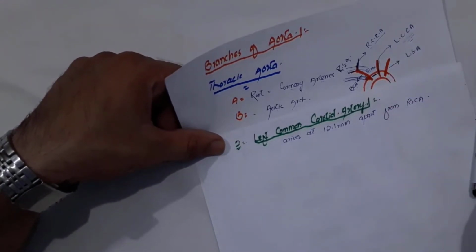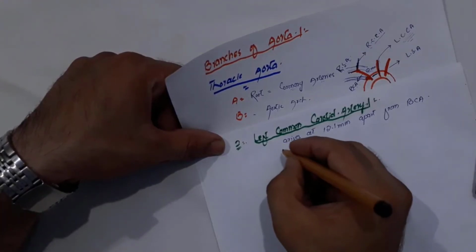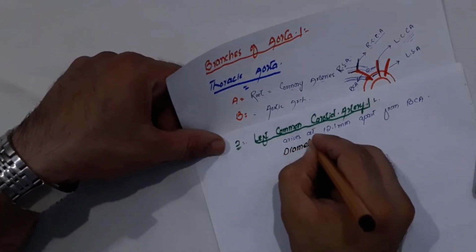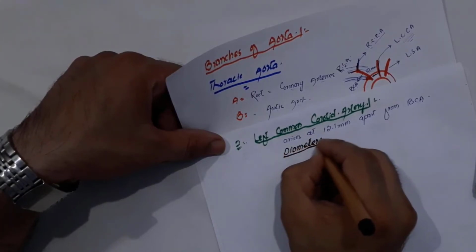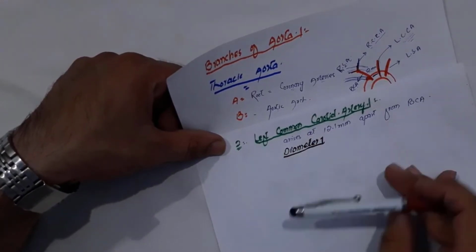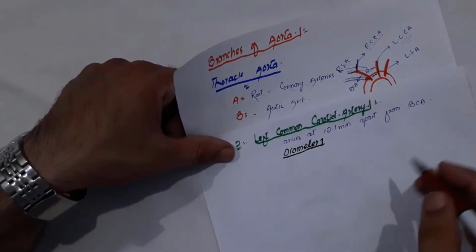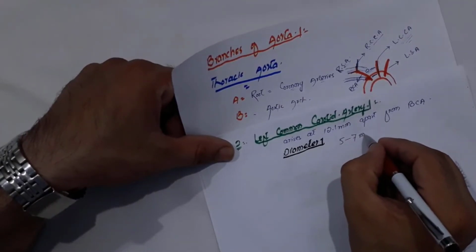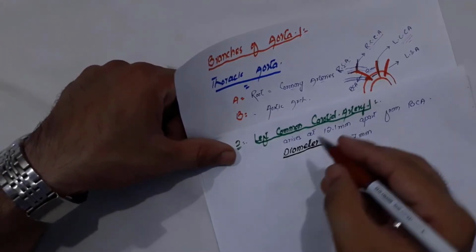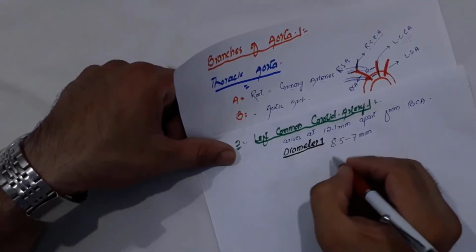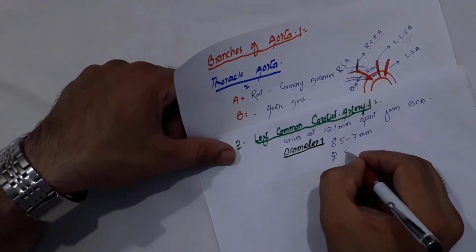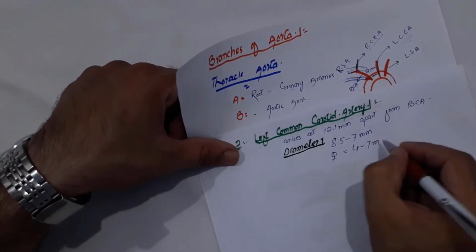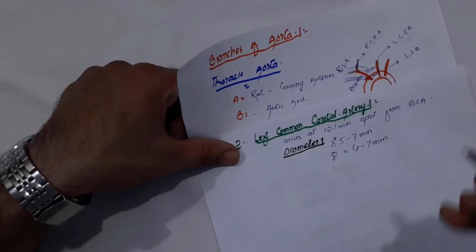Right. What is the diameter of this left common carotid artery? The diameter of this left common carotid artery is 5 to 7 millimeter in case of males, right? And in case of females, it is about 4 to 7 millimeter.